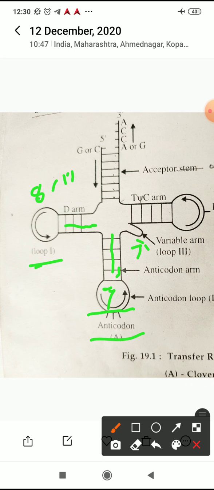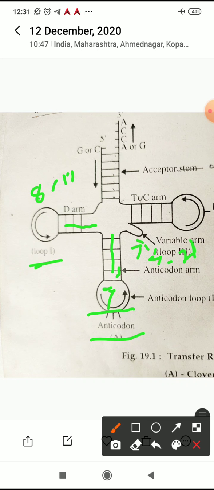It shows variability in the number of nucleotides, which ranges from 4 to 21. Here, 4 to 21. That's why it is called a variable arm. It contains 3 to 4 nucleotides, or 3 to 5 nucleotides in general.